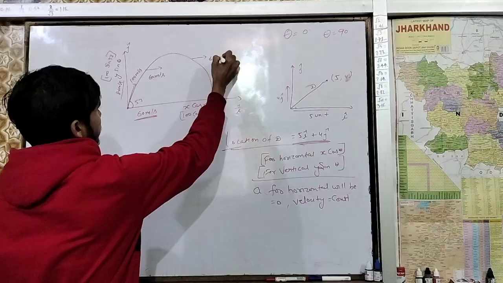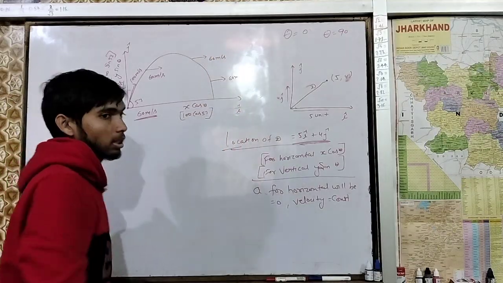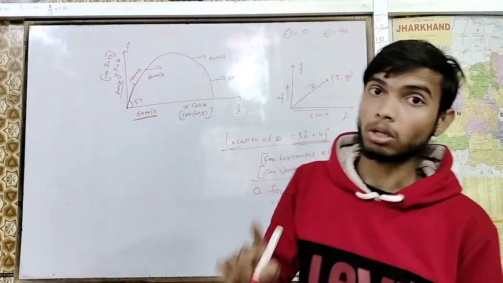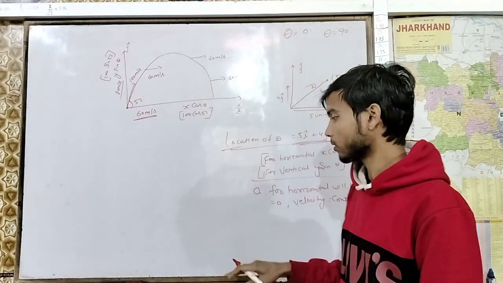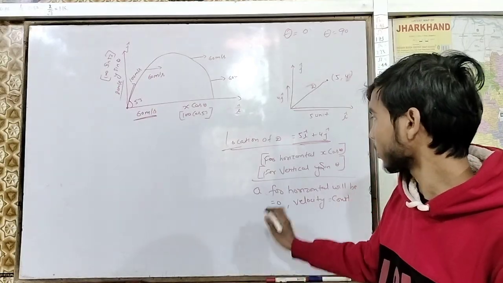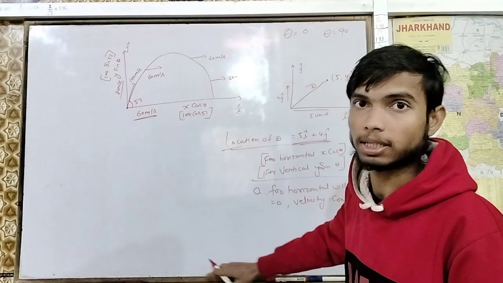Same here, 60 meter per second. Same here, 60 meter per second. This will happen when the question is not giving you the value of acceleration. And remember, this stone is in air.